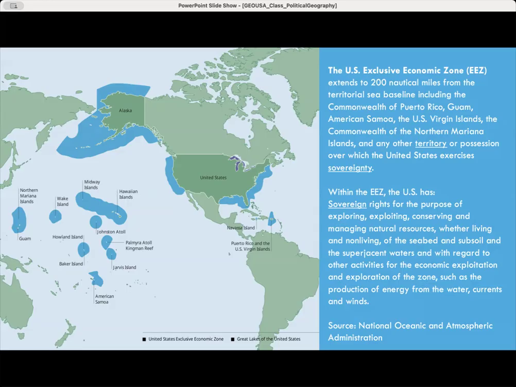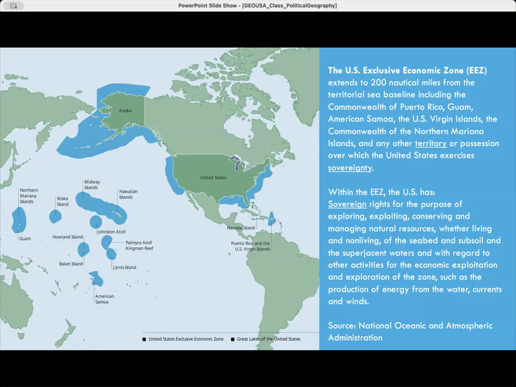Now, within each of these blue areas, or these exclusive economic zones, the United States has sovereign rights for the purpose of exploring, exploiting, conserving, and managing natural resources. So this is where the United States, for example, has the right to, let's see, if a fishing boat came from abroad and the fishing boat had a Dutch flag, the United States can technically kick them out or grant them permission to fish in the area.